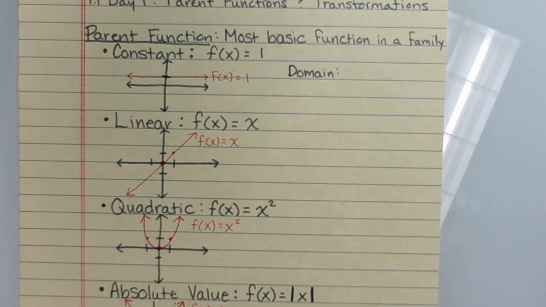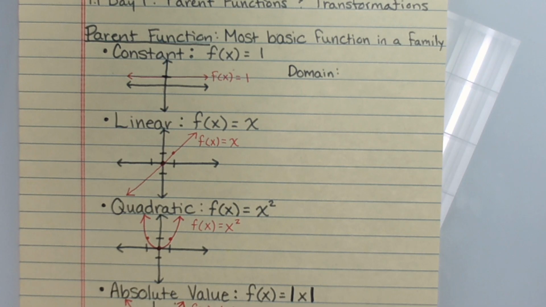So, parent function, y equals 1. Domain is asking what x values I can plug in. Do you see an x on there anywhere? No, which means it's not limited actually on what we can put in.